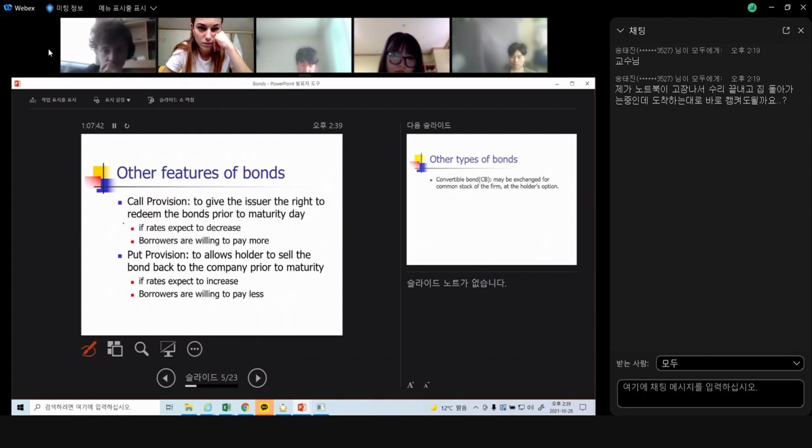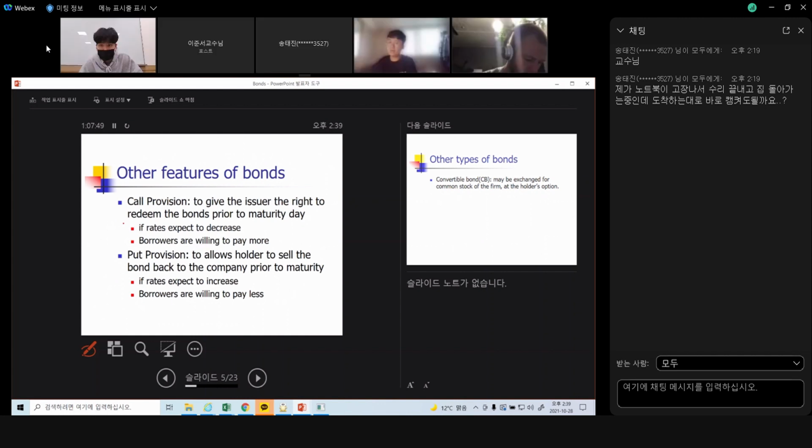Okay, so a bond has a lot of provisions. We can attach a lot of provisions to the bond. A bond without any provision is called a vanilla bond, or plain bond. If we attach some provisions, there are various types of provisions that can be attached to a bond.